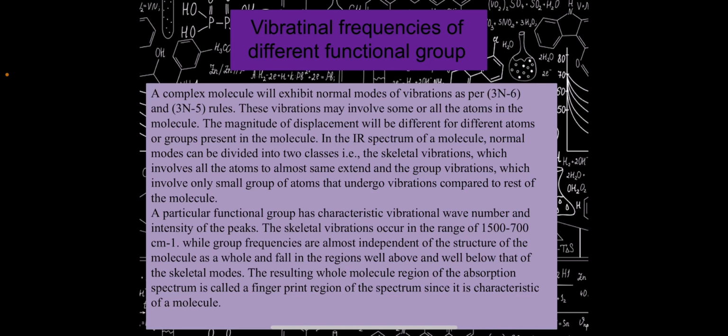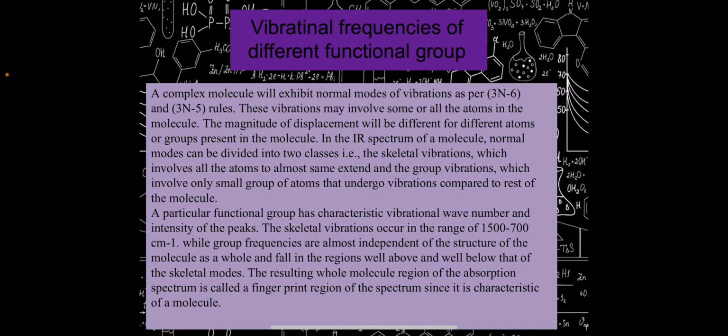In the infrared spectrum of a molecule, normal modes can be divided into two classes. The first is the skeletal vibration, which involves all the atoms to almost the same extent. The other one is the group vibration, which involves only a small group of atoms that undergoes vibration compared to the rest of the molecule.